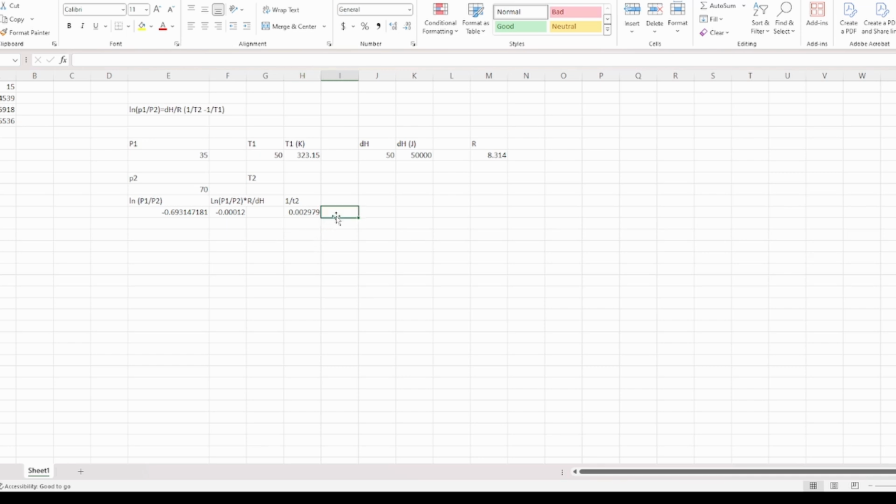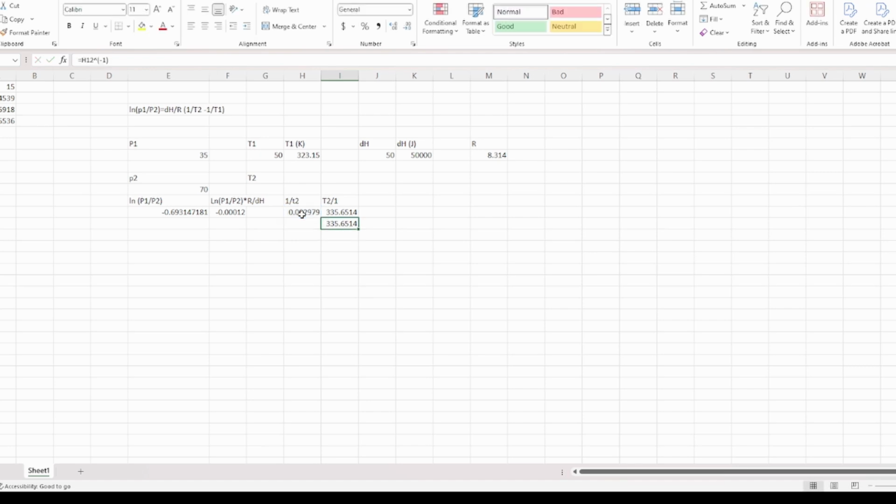So with that in mind, the last thing is to get my temperature in Kelvin over 1. So to do this, I'm going to say if 1 over T2 is this, this is the inverse. I can do it like that, 1 divided by that, or I could raise this to the power of -1.